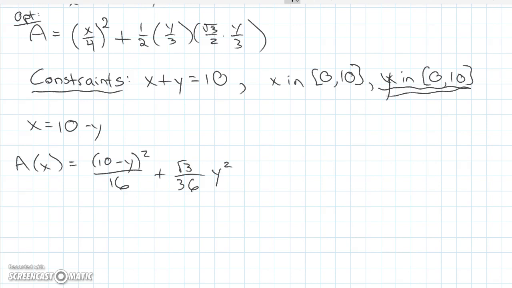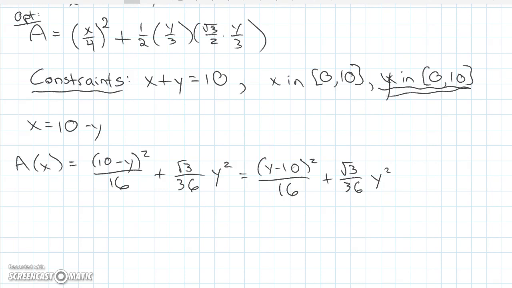Okay, and just to make it a little easier, I'm going to note that (10 minus y) squared is the same as (y minus 10) squared. If you square a negative number, you get the same thing as if you squared the positive number. So let's write that as (y minus 10) squared over 16 plus this weird constant √3/36 y squared. Now I'm going to take the derivative.